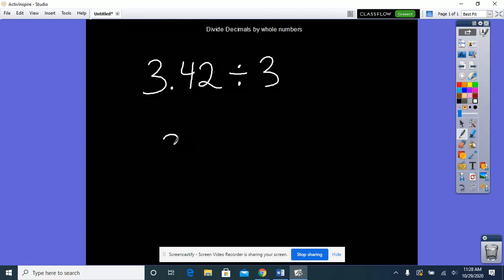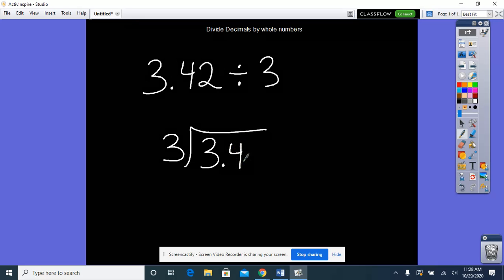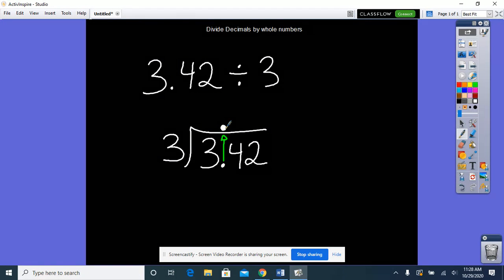We know my 3 has to go outside of the garage, since it's my divisor, and my 3 42/100 is my dividend, so it goes inside the garage. We have a whole number here, so we don't need to worry about anything. We just need to bring this decimal up, straight up.